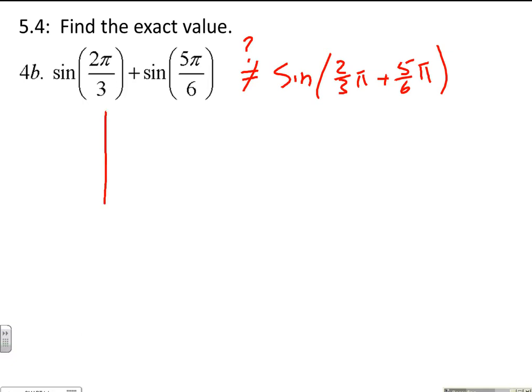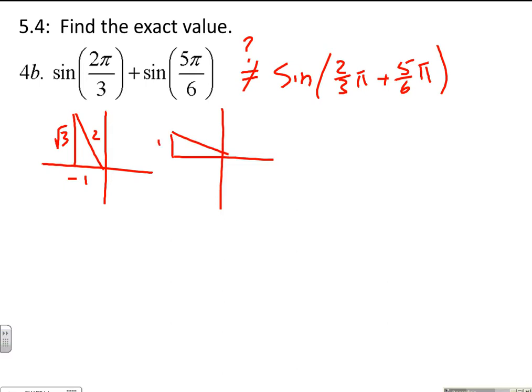So once again, our 2/3 pi, that's 2 rotations of 60 degrees, gets us to this triangle. And our 5/6 pi gets us to this triangle. So sine of 2/3 pi, sine from here, opposite root 3 on hypotenuse 2, plus sine of 5/6 pi, opposite 1 on 2.